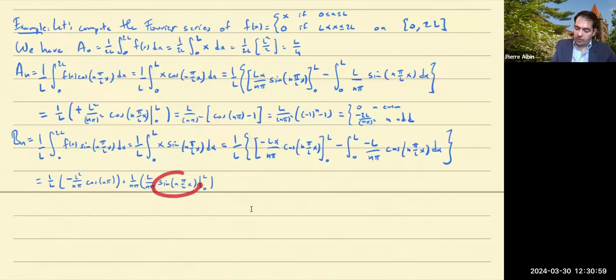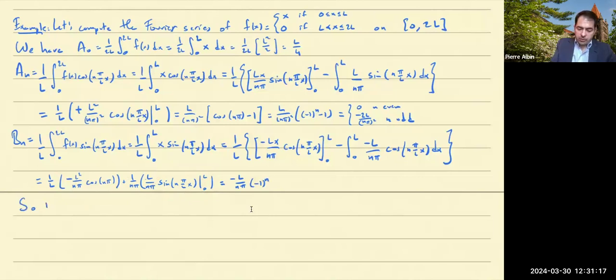So here, if you evaluate sine at either endpoint, you get 0. So we're just left with this term, right? And that's minus L over n pi times this cosine, which is minus 1 to the n.